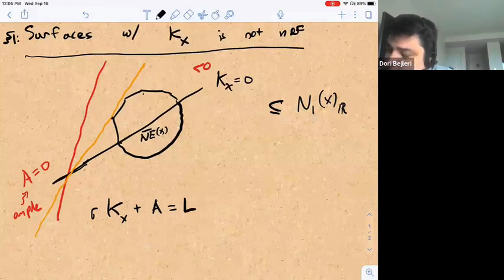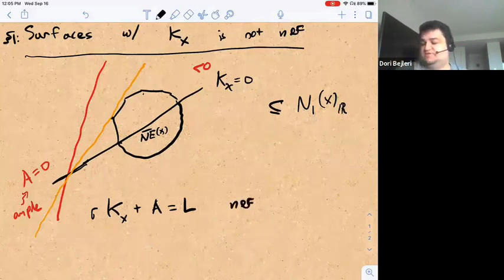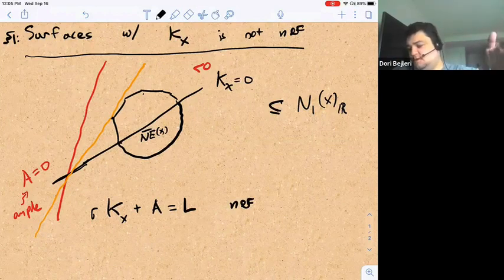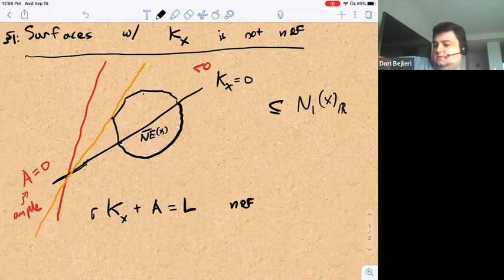So this L with this coefficient r will be Nef because we've just hit the boundary. So all the curves on this ray that we're touching intersect to 0, but it's still on the positive side. So kind of every effective curve intersects L non-negatively.